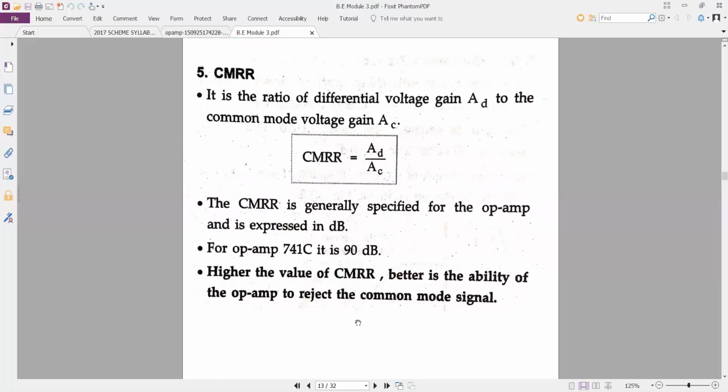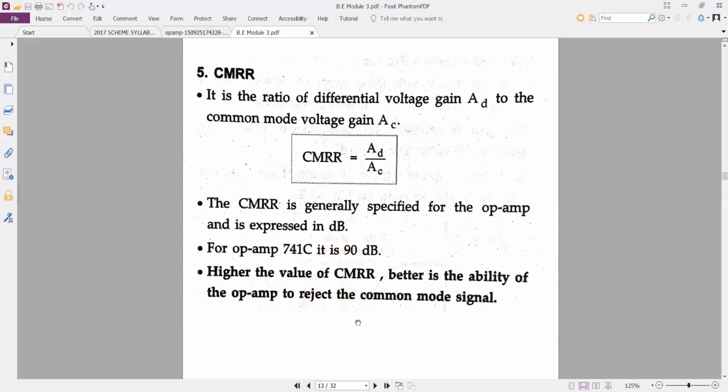This is CMRR. CMRR stands for common mode rejection ratio. It is the ratio of differential gain AD to the common mode voltage gain AC, and mathematically we write it as CMRR is equal to AD divided by AC.